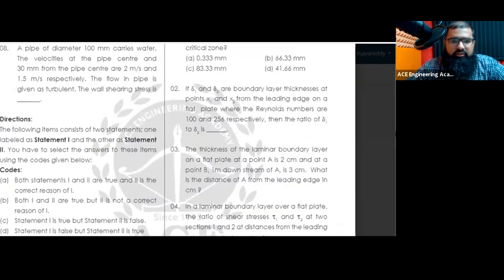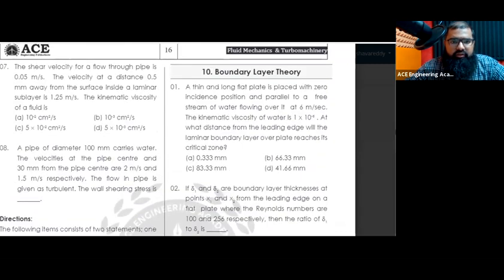Yeah, you can look at this. This is page 16 from your material, CRPQ questions.